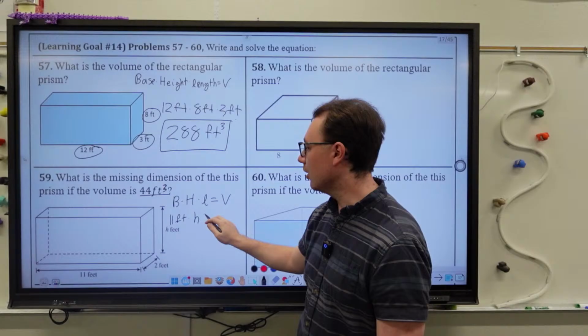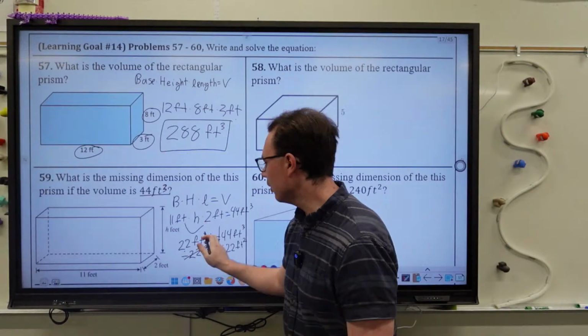The 22 simplifies out, leaving h is equal to 44 divided by 22, which gives us 2. Feet to the third divided by feet to the second leaves a single foot. So the height here is 2 feet.